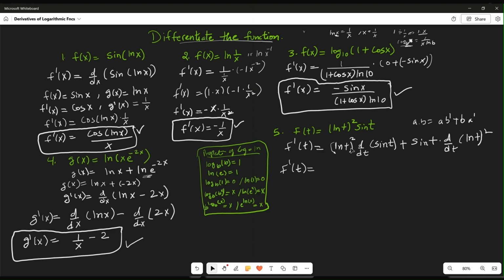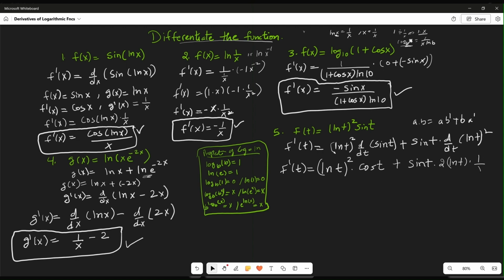This is equal to the derivative of sine t, which is cosine t, plus sine t times the first. Okay, you have to make sure that here x is equal to natural log of t. So you have to take the outer function derivative, which is 2x. I mean the power comes down, times this function itself, right? So this is going to be 2 times natural log t times the derivative of the inner function, natural log x, which is 1 over x.